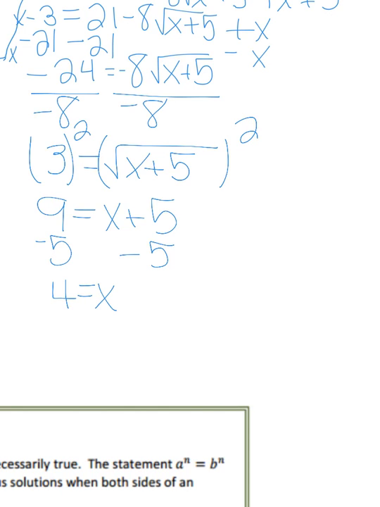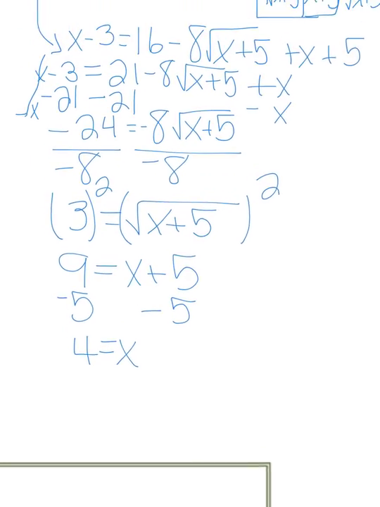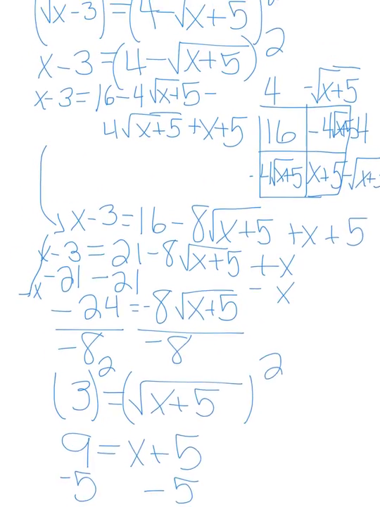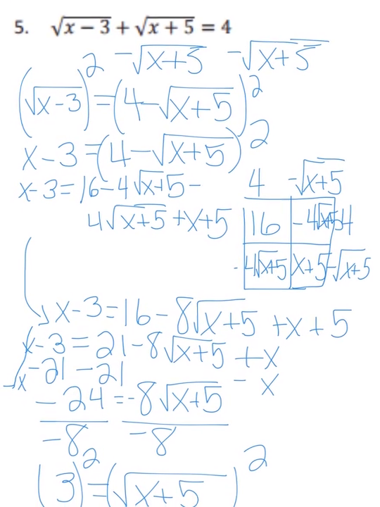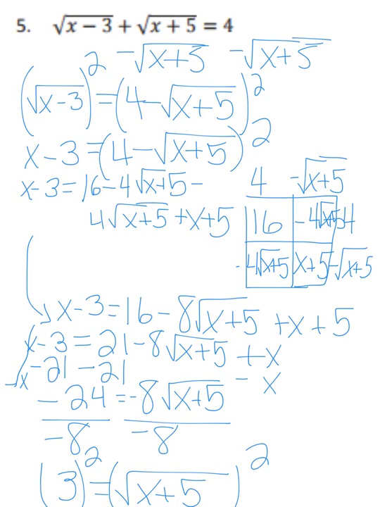Our last and final step is to check our solution to see if it works. So let's go back to our original equation here. Let's take a look at it. And let's clear some space.